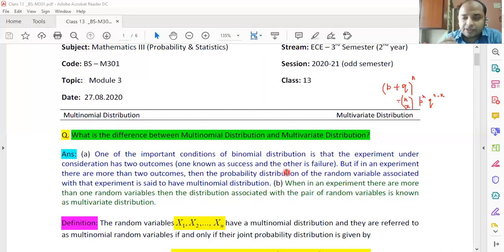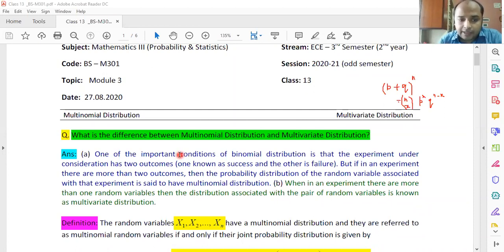So multinomial distribution is a generalization of binomial distribution. But multivariate distribution is something else. Multivariate distribution talks about the kind of distribution where the number of random variables is more than 1.